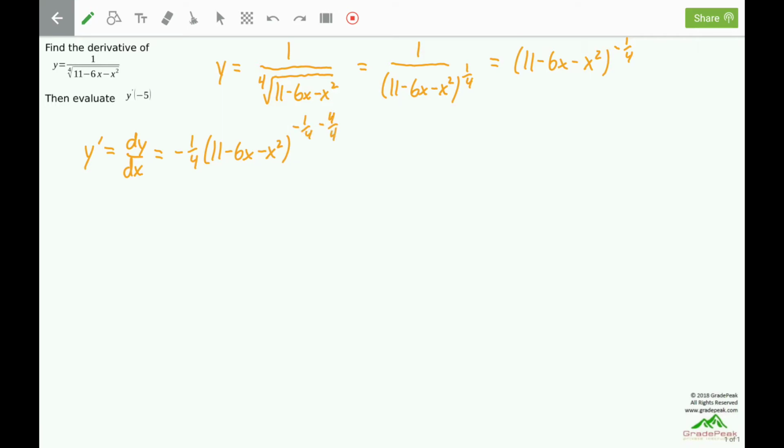I will call it 4 over 4. But because the inside of that power is not just an x, but an entire expression, the derivative won't be just a 1, but something bigger. And we have to multiply by the derivative of the inside. That's the chain rule. The derivative of the inside: 11 will be a 0, negative 6x will be a negative 6, and a negative x squared will become a negative 2x from the power rule.